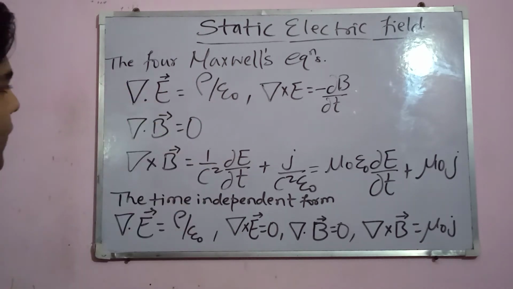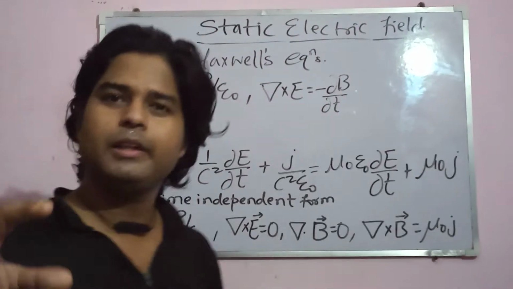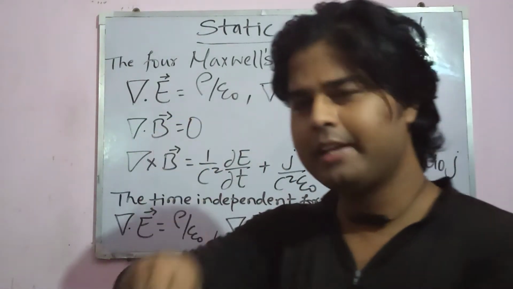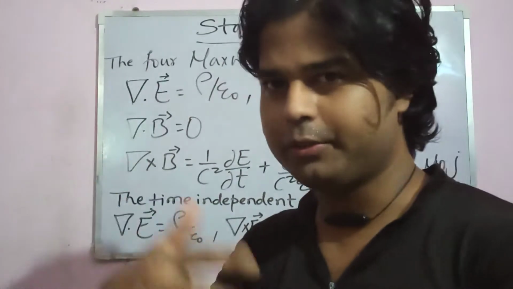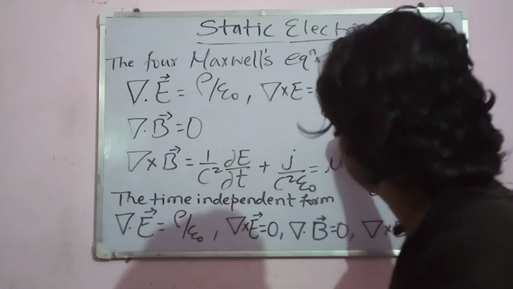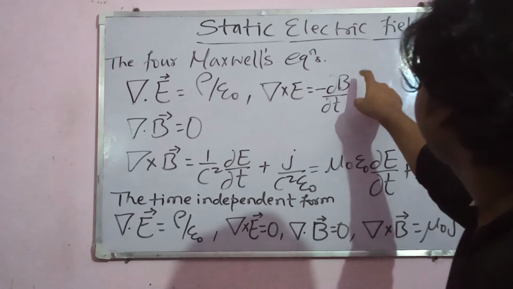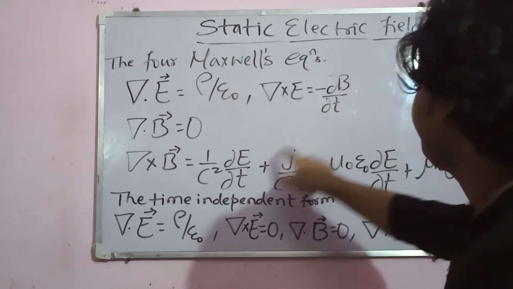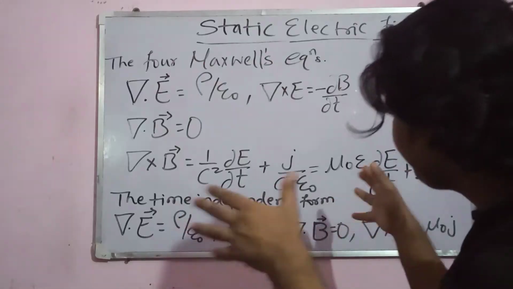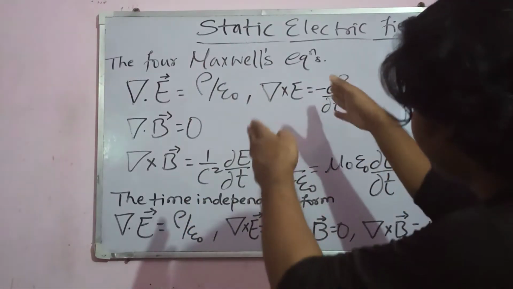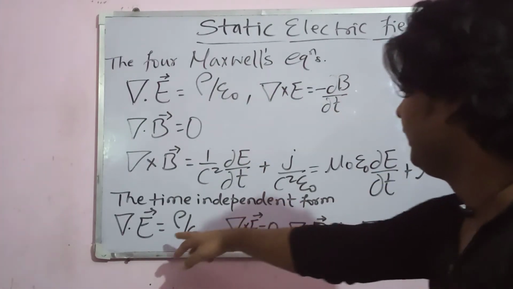Now for the static case, we have to bring the whole setup to a standstill. No movement, no changes with respect to time. So the terms containing differentials with respect to time should be neglected, and then we get the time independent form of Maxwell's equations.